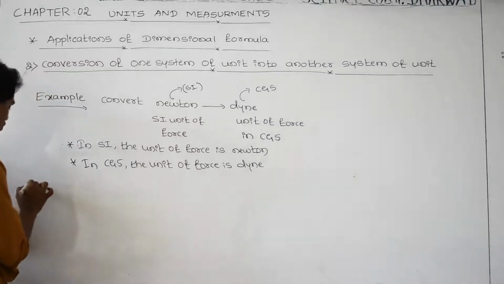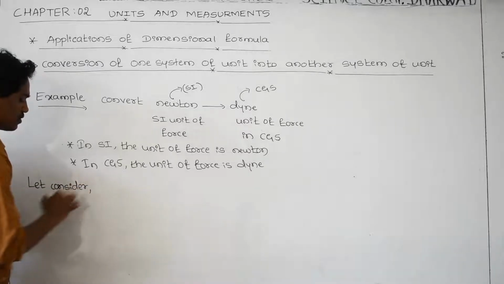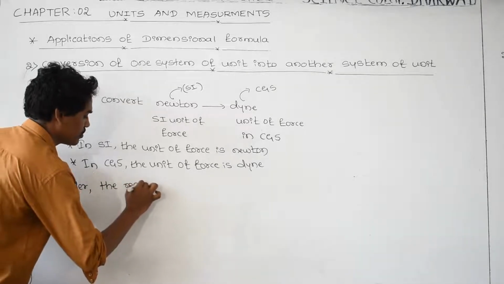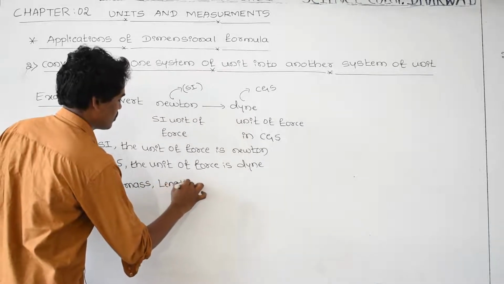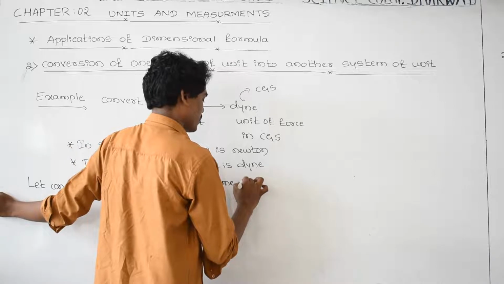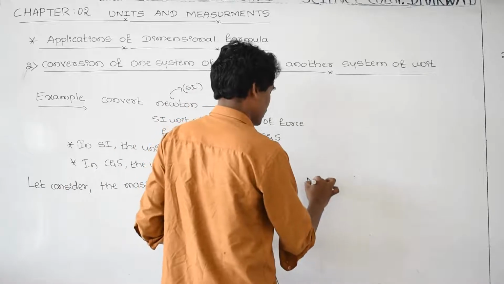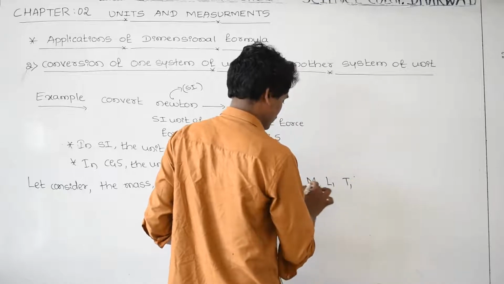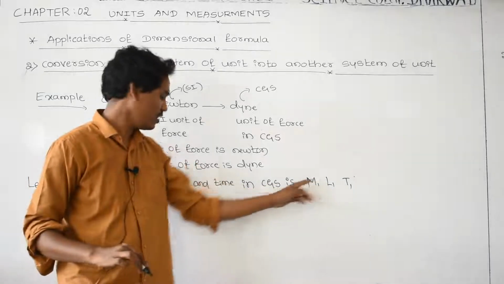Let us consider the mass, length, and time in CGS as M1, L1 and T1. What is M? Mass. What is L?